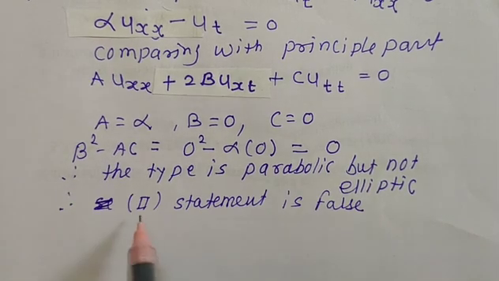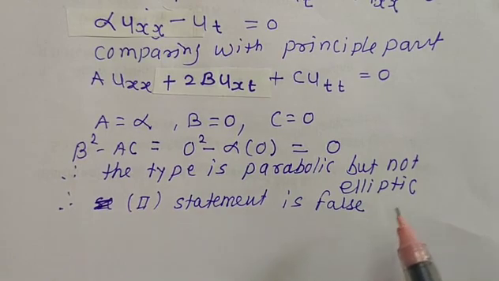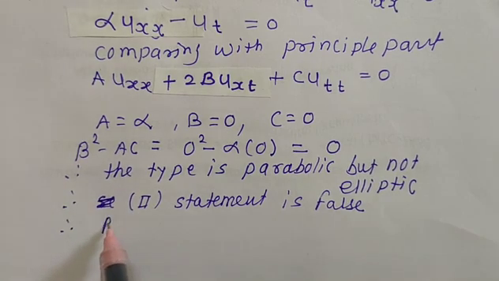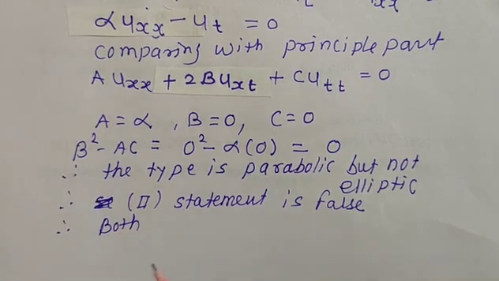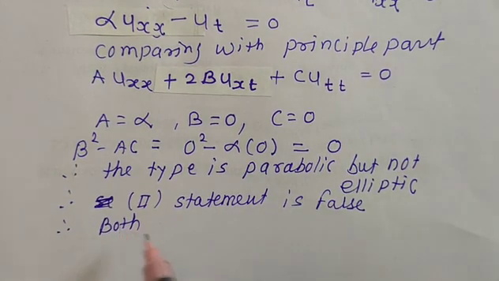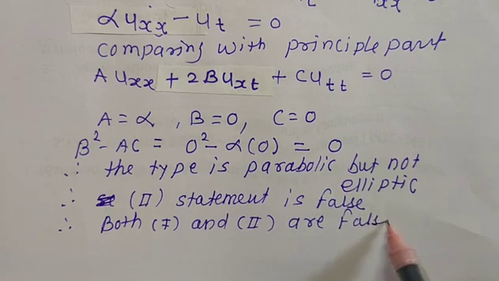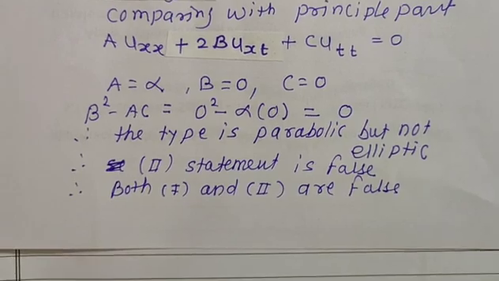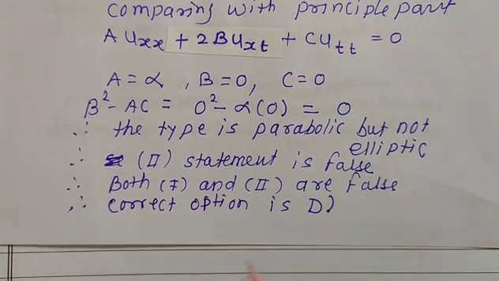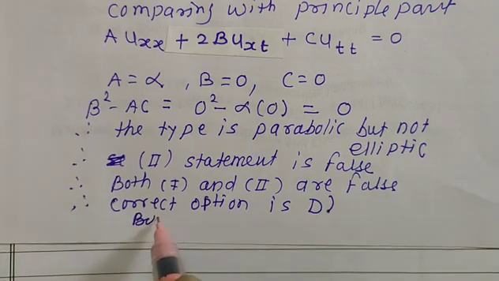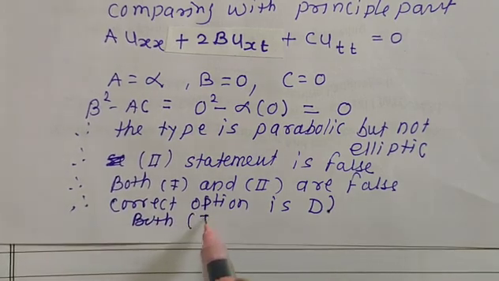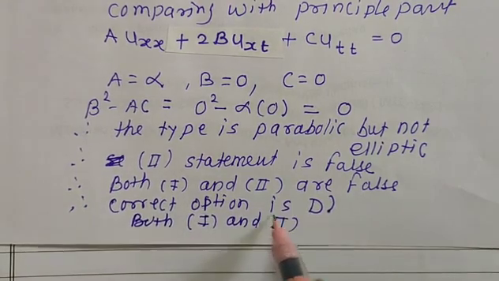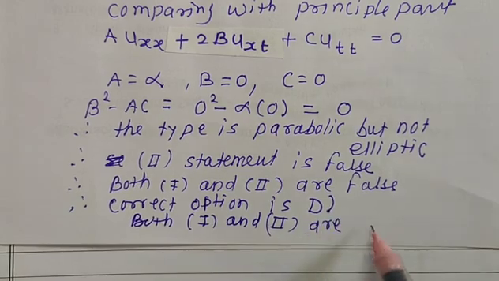That means both first and second statements are false. And therefore, option D is correct option. That is, both first and second statements are false.